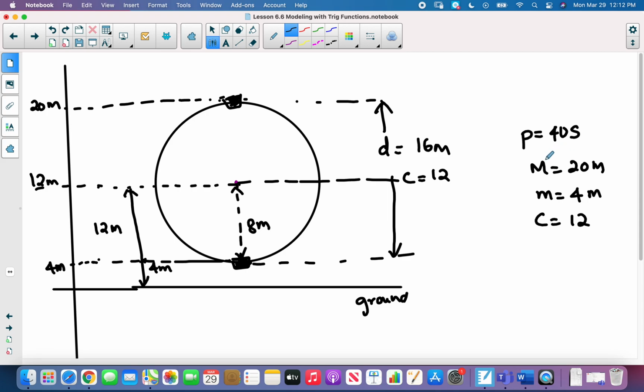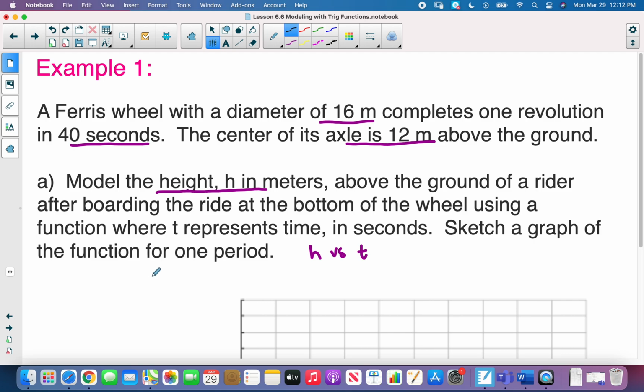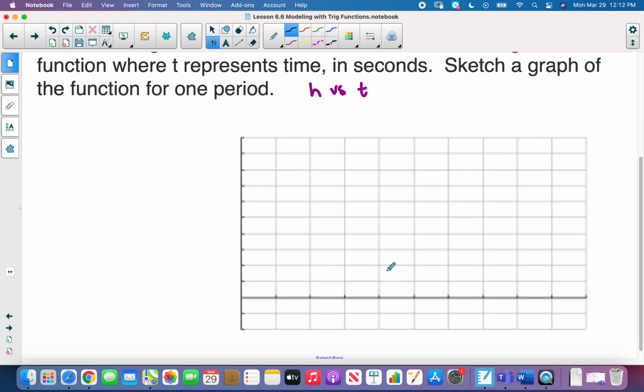So using this, we can draw a rough sketch with just this much information. We can now go to our graph and try to draw it. Let's scale this. It completes 1 cycle in 40 seconds. So let's say it's 10 seconds, 20 seconds, 30 seconds, 40 seconds. So this is time t in seconds.